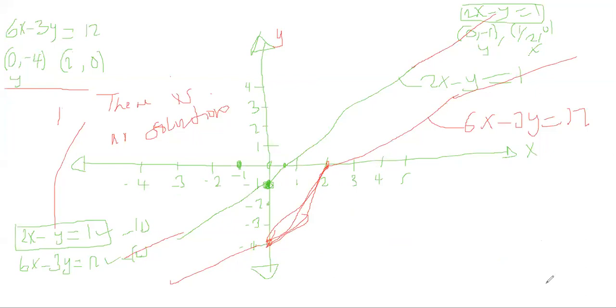The question will direct you whether there is a need for a graph or not. In the event that there's no graph, you will leave it there and comment that there's no solution. If the question is silent on whether you should show the graph or not, it's left to you.